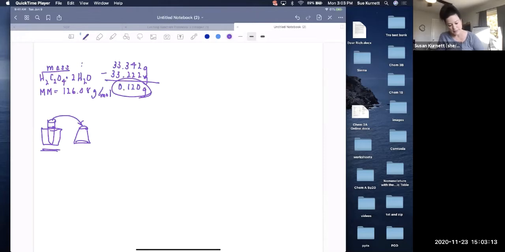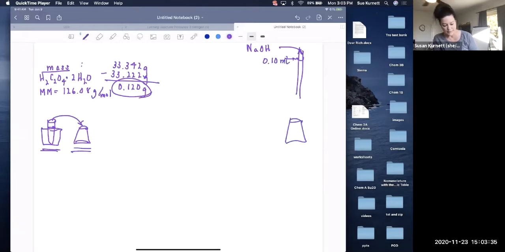And then dispensed from the burette was the sodium hydroxide. We don't know the concentration of sodium hydroxide yet. The goal in part B is to figure out what the concentration is. The initial burette reading was 0.10 milliliters. And then it was put into this flask here.